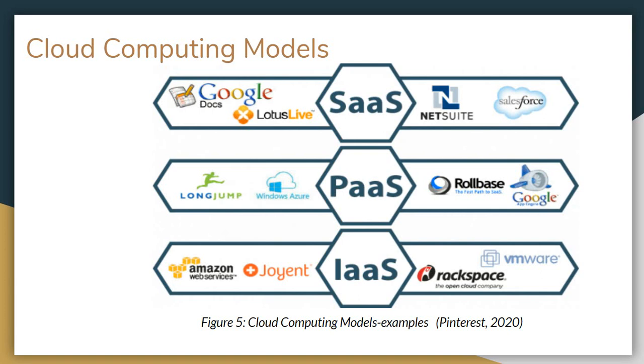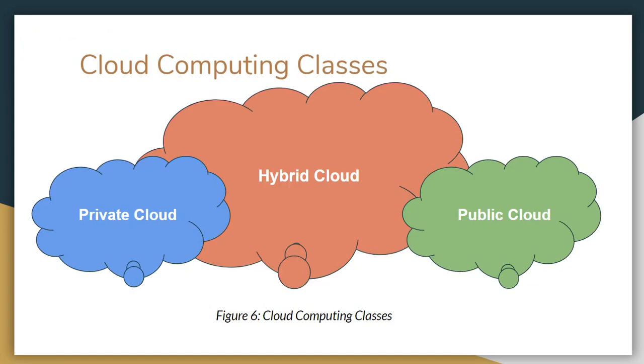And then for the platform as a service model, you have examples like LongJump, Windows Azure, Force.com, Google App Engine, and many of them. And then for infrastructure as a service, you have Amazon Web Services, GoGrid, Rackspace, VMware, and many other services that are there in the cloud environment.